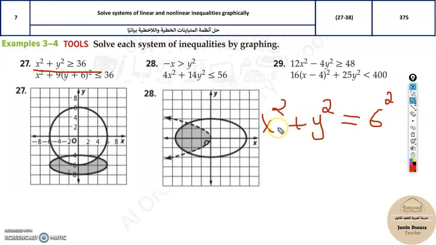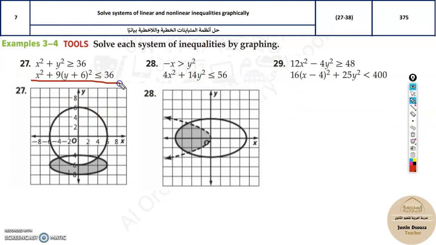Now that means the center is (0, 0). The center of the circle is (0, 0). Radius is 6. 2, 4, 6. Yes, this is correct. Now, what about the other equation? When I look at it, I realize this is not a hyperbola because it's plus. If it was a hyperbola, it would have been minus.